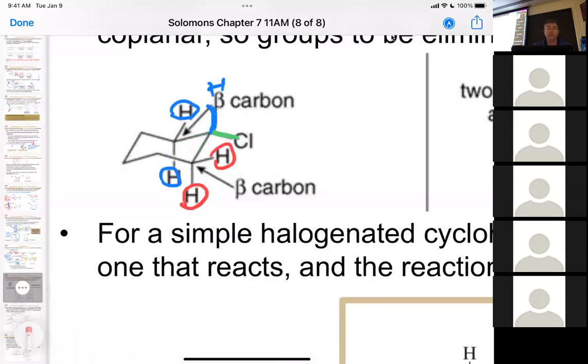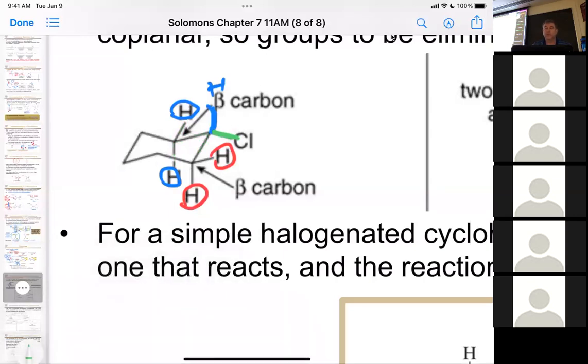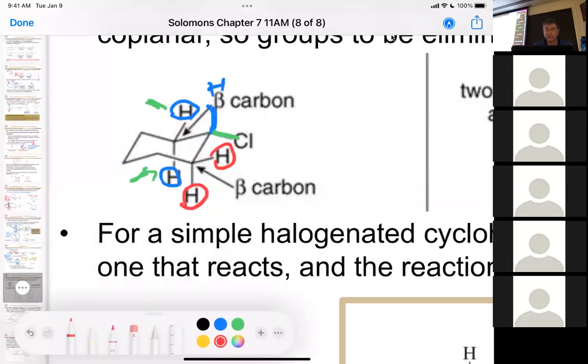The beta hydrogens over here. We can't eliminate either of these hydrogens because neither one is anti to the leaving group. Okay, now let's look at the other side here. Neither of these hydrogens are anti to the leaving group chlorine. So they can't leave.